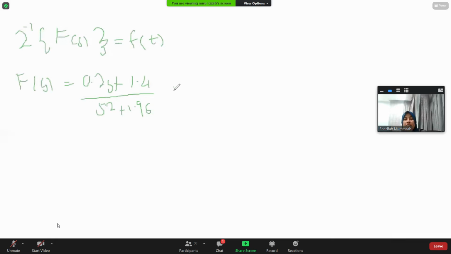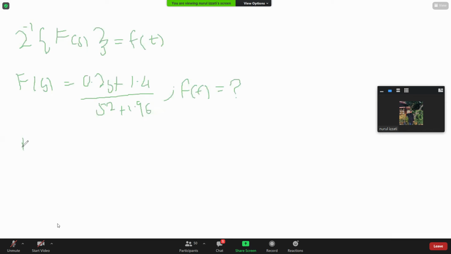Now, kalau you all tengok s square plus 1.96, kalau s square tu is plus something, must be cos or sine. Okay, so you cari 1.96 tu, you square root 1.96, what do you get? 1.4. 1.4, okay.